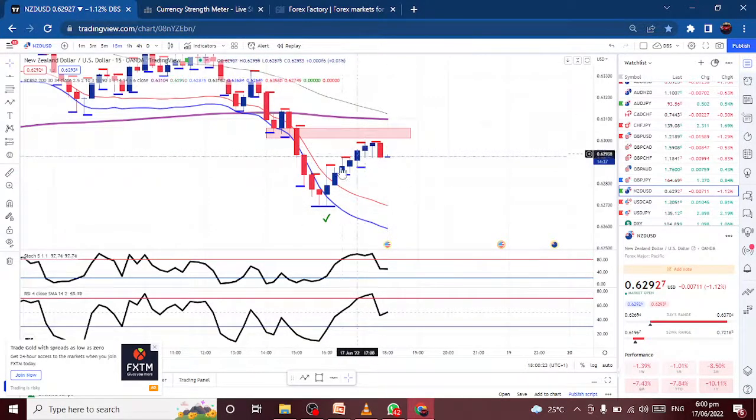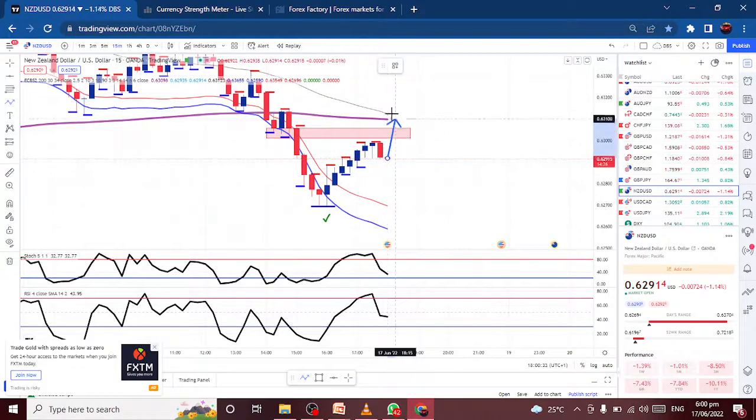So since it's selling, it will still come up a bit. So I'll wait for this candle to come here. I'll wait for it to still come up to this level, and then it will continue coming down.